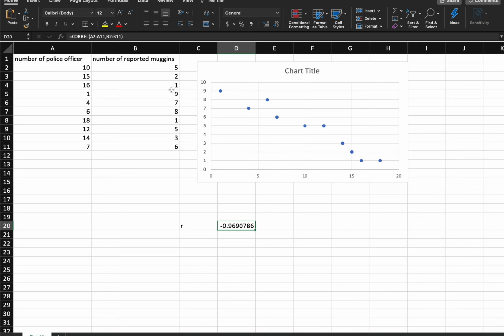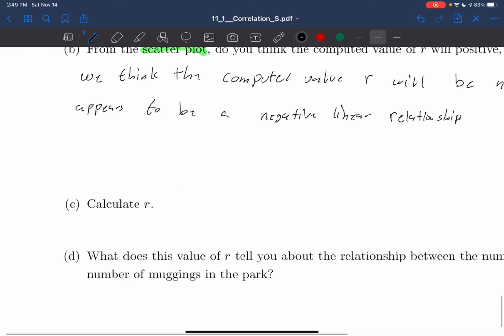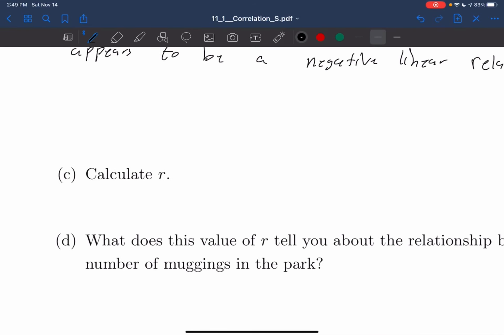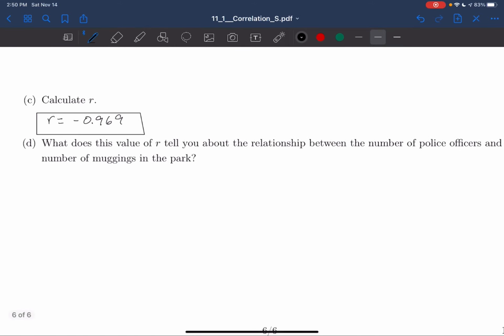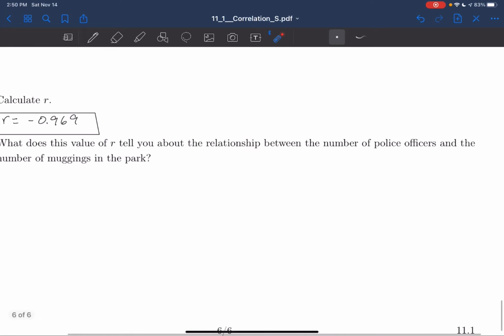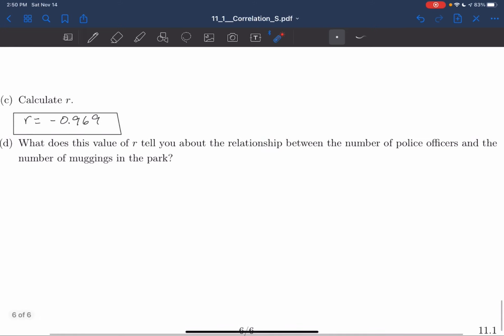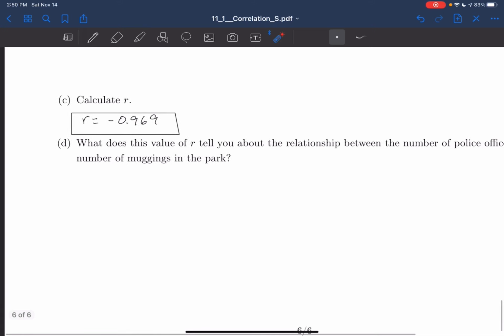All right, so let's go back to our notes. Okay, so here R again is equal to negative 0.969, and again I got that from the value in Excel. Okay, so what does this value of R tell you about the relationship between the number of police officers and the number of muggings in the park?